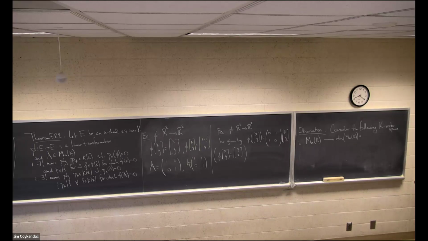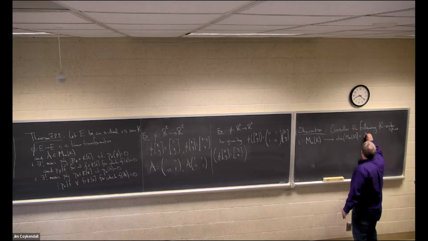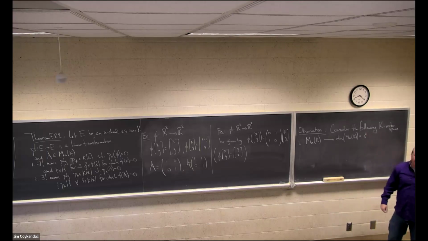Let's take all n by n matrices over K. What is the dimension of this vector space? N squared, because you can take the E_ij matrix, the matrix that consists of all zeros but one in the ij coordinate, and that will be the basis.